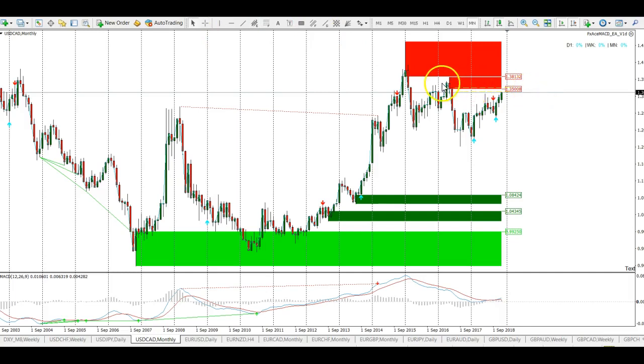You can see we're approaching a nice monthly area here, where we got a big reaction from last year. From this area up here last year, we created this new low, and it's been slowly making its way over the past year to this 135 area.